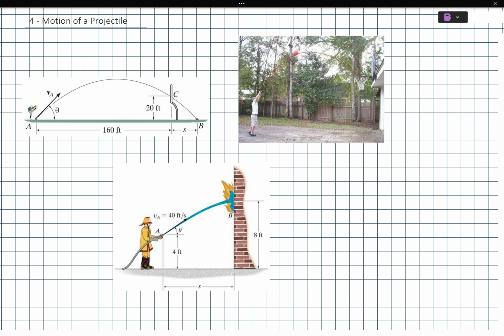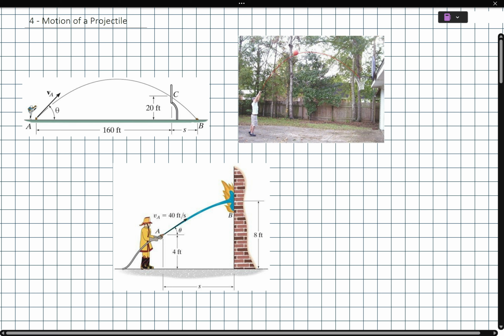For a given kick strength, the question could be, at what angle should the ball be kicked to get the maximum distance? So this is one application of what we're doing today.